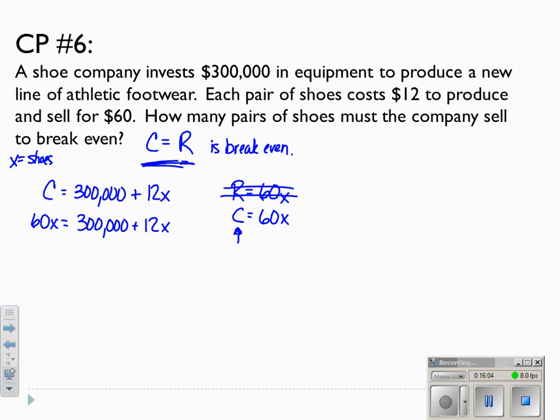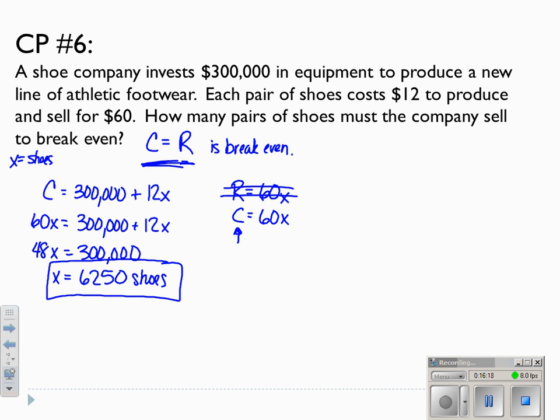Move 12x to the other side, and then divide by 48. So we would end up having to sell 6,250 shoes to break even. That person, if they own that company, would know that anything beyond that is going to be their profit amount.